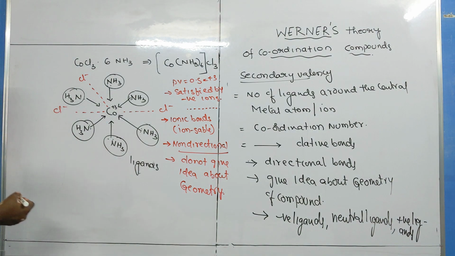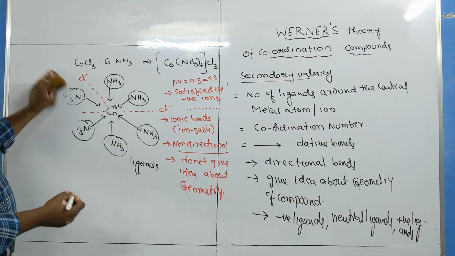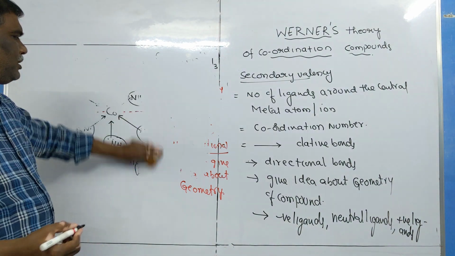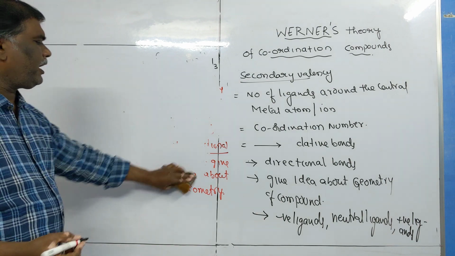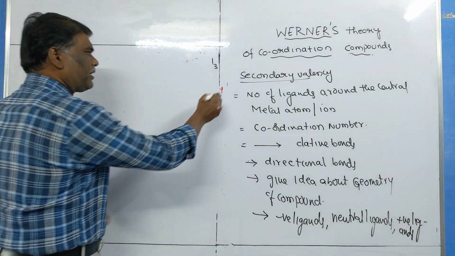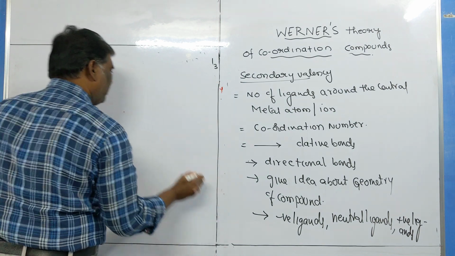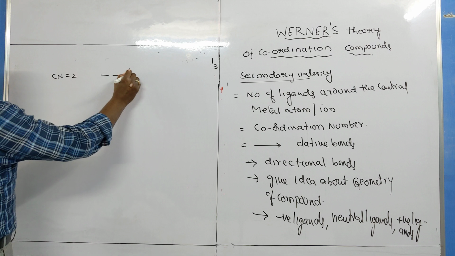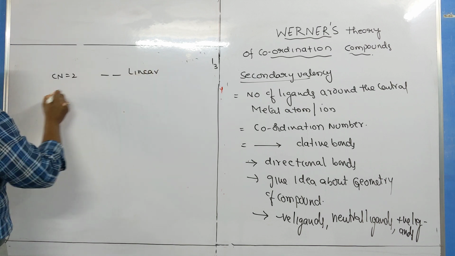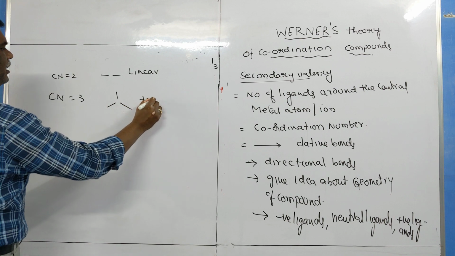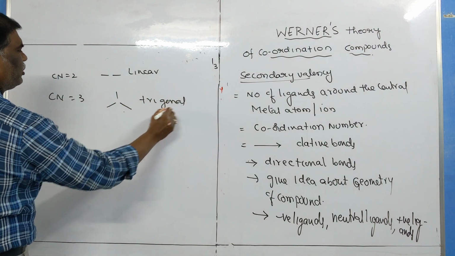Next one. If the secondary valency is 2, the geometry is linear. Coordination number 2 gives linear shape. Coordination number 3 gives trigonal planar.